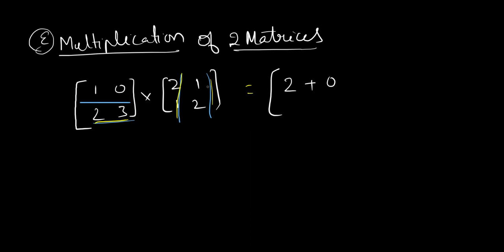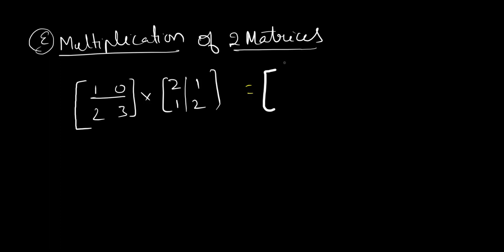Let's see, it's really kind of simple. First we multiply this one: 2 ones are 2 plus 0 into 1 is going to be 0, and this one with this one. 1 into 1 is going to be 1, plus 2 is going to be 0.